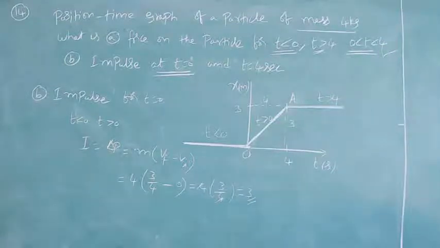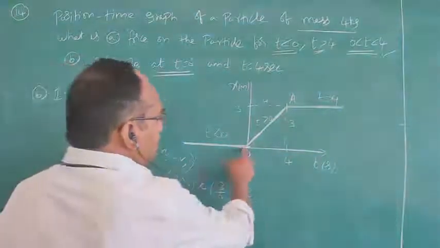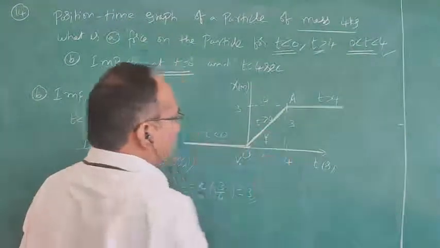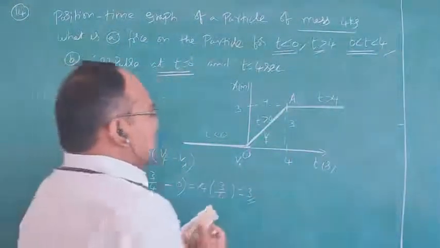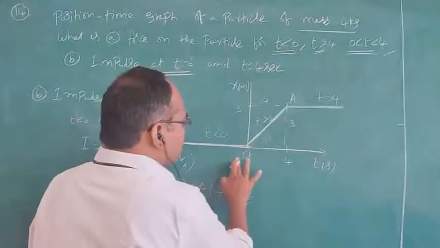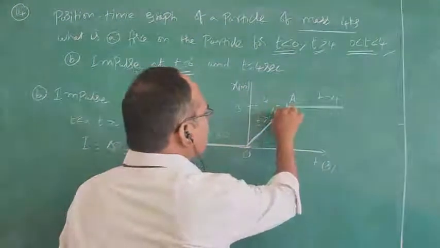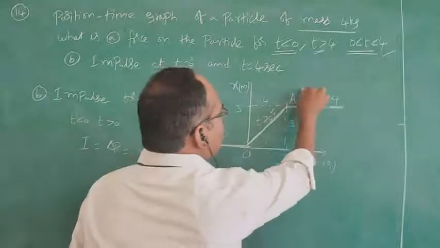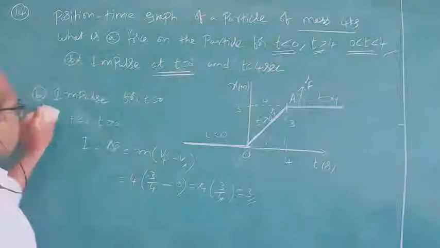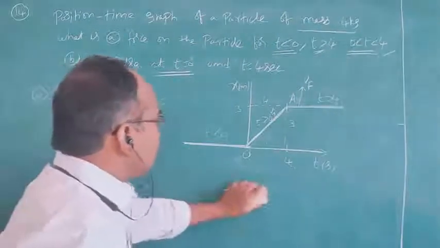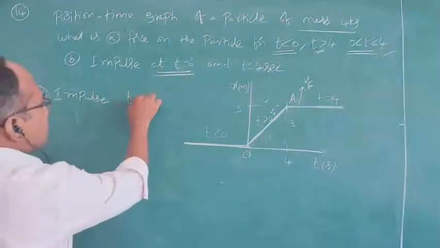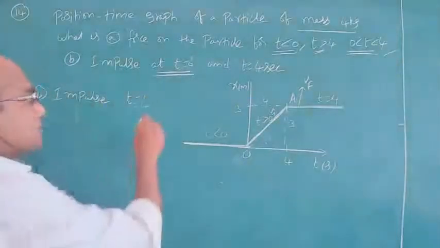Now here, this is the initial velocity we had studied and this is the final velocity we had studied. Now what happens? Now we are studying this initial velocity and this final velocity. Then what is the value? So, impulse at t is equal to 4 seconds.